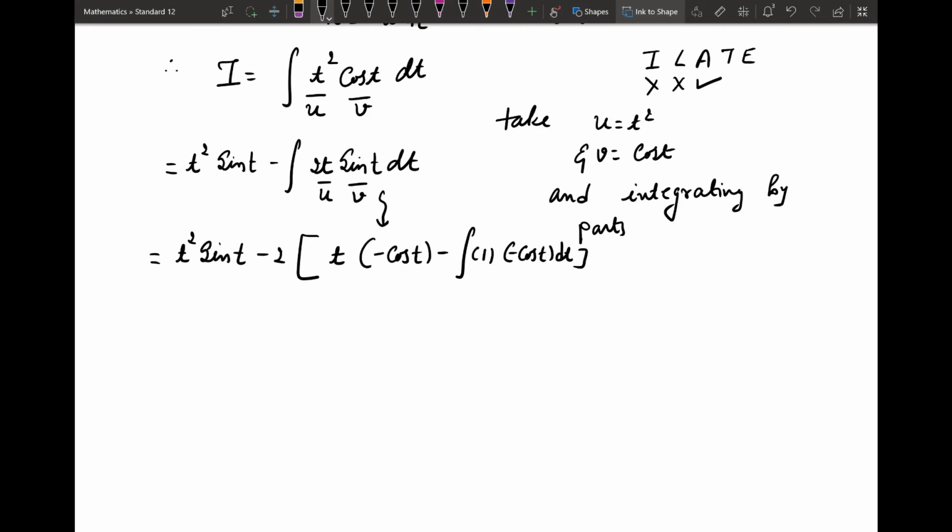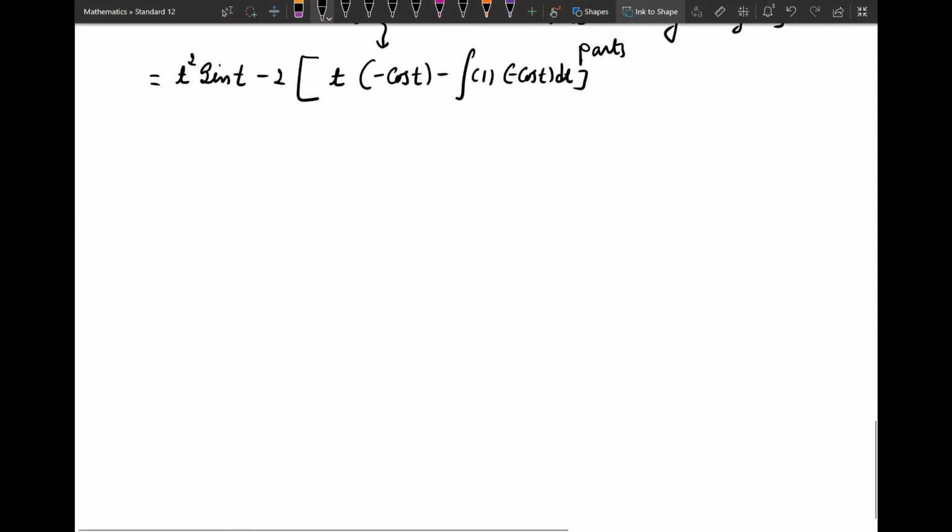Again we have to integrate. So now simplification is t square sin t, minus minus plus 2t cos t, minus minus plus, outside minus, so this is minus 2 integration of cos t, sin t, plus constant of integration.